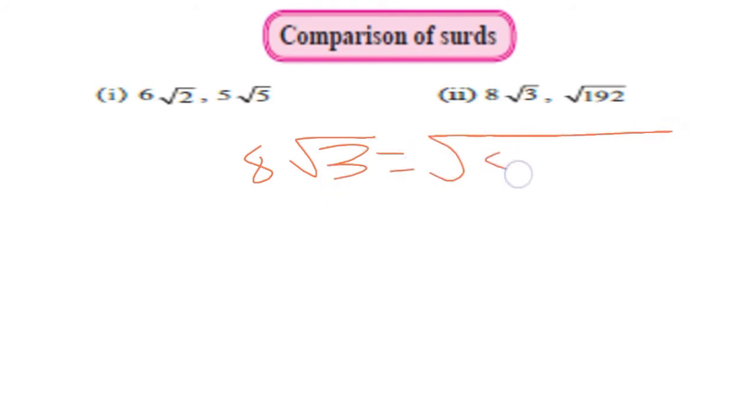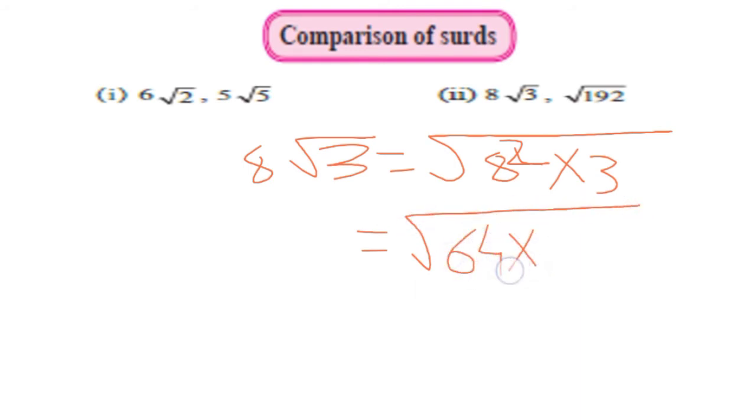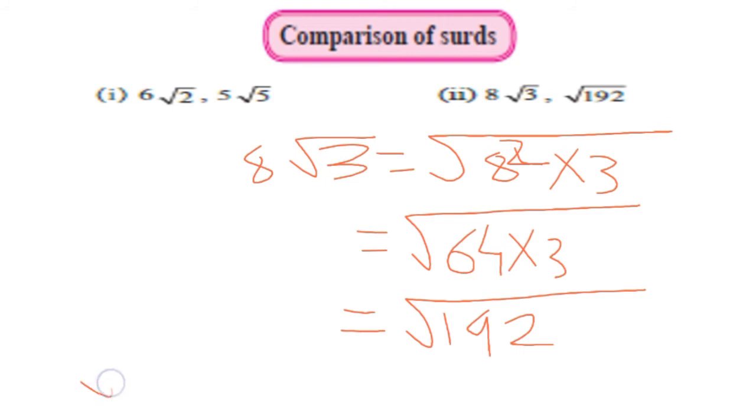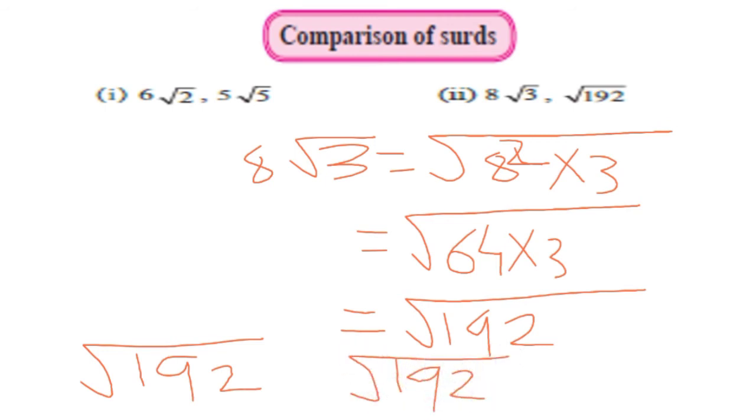Take 8 in the square root, 8 square into 3 is equal to 8 square is 64 into 3 is equal to 3 4 is 12, carry 1, 3 6 is 18 plus 1, 19, square root of 192, means value of 8 root 3 is square root of 192, and second is given square root of 192. These two sets are equal sets. Square root of 192 is equal to square root of 192.